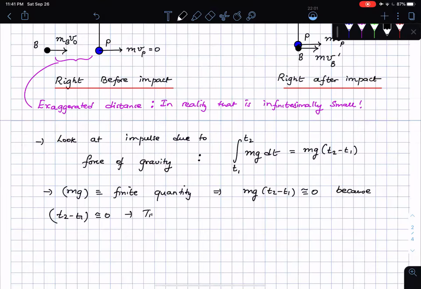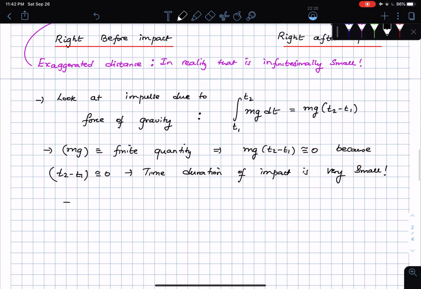That is, the time duration of impact is very small. I hope that's making sense. Which means that the force of gravity does not offer an impulse.